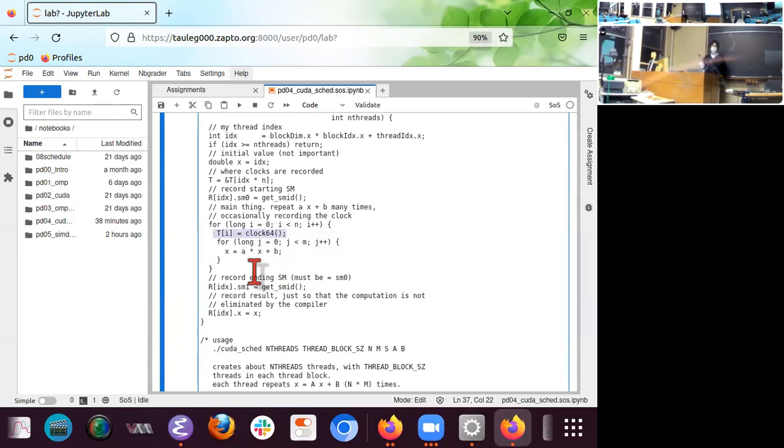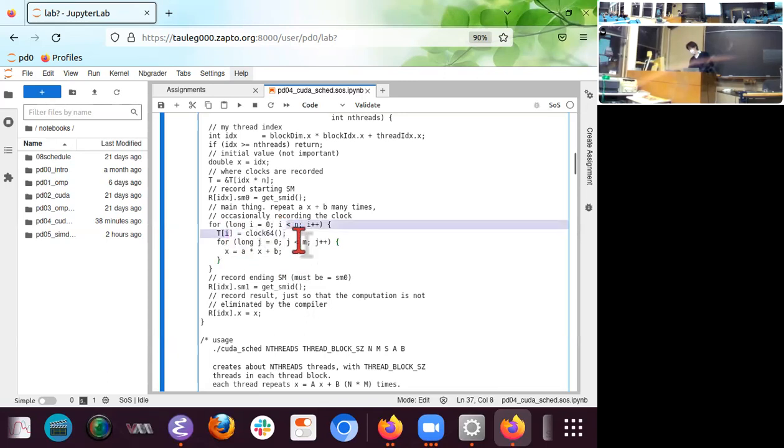More specifically, every m iterations, it looks at the clock, and it does so n times. It also records, with this get SM ID function, which streaming multiprocessor this thread is running on.